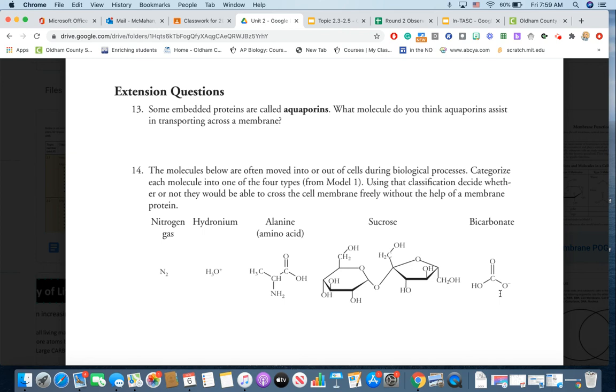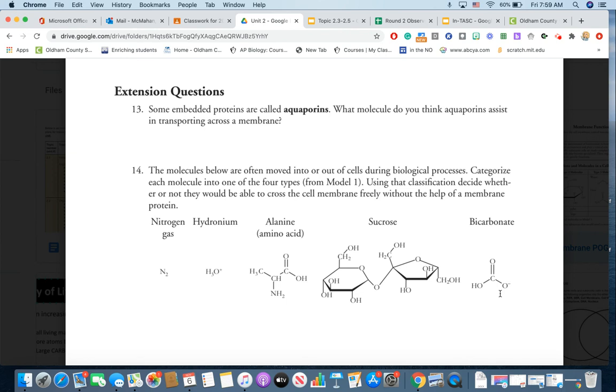The entire purpose of the POGIL was to get you to think about what characteristics, what qualities in a molecule allow it to pass across the membrane easily, with some difficulty, or not at all. So keep in mind, small molecules move, nonpolar molecules move.